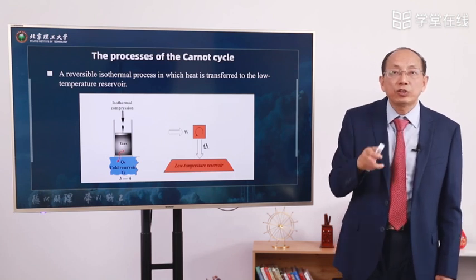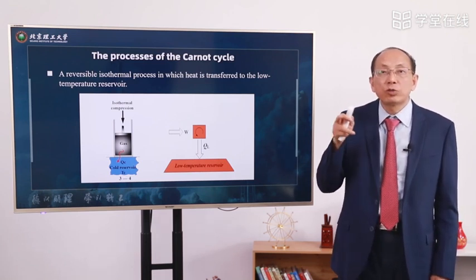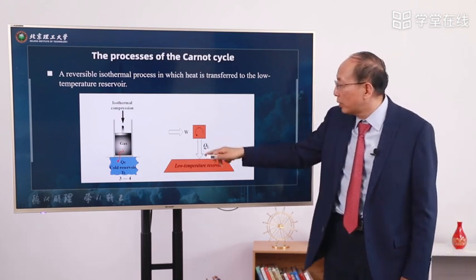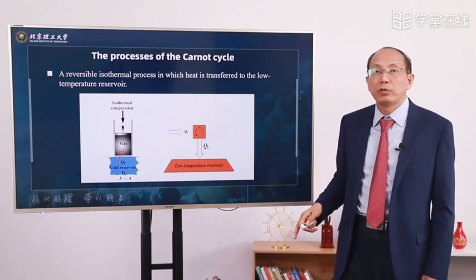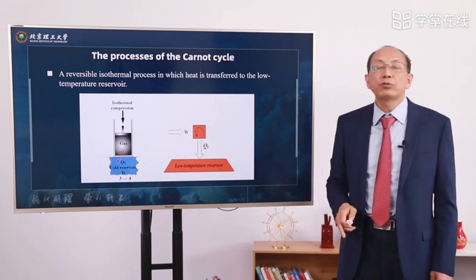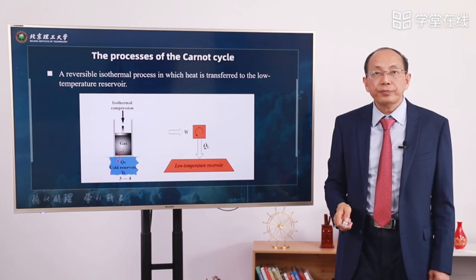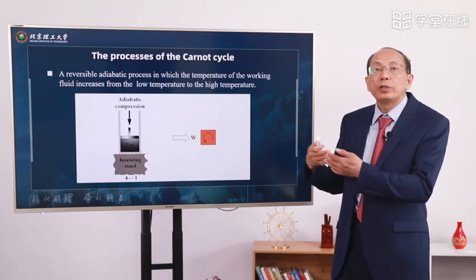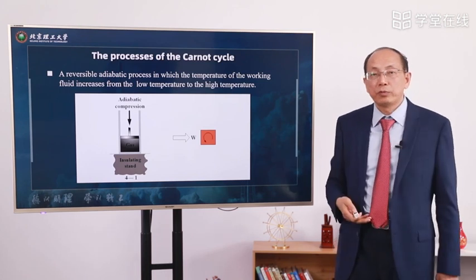So in this process the heat is transferred to the low temperature reservoir. Only heat transfer. The outside gives some work to the engine. Because the temperature is the same, the process is reversible.